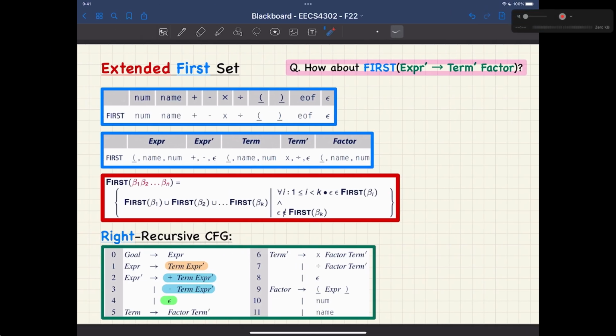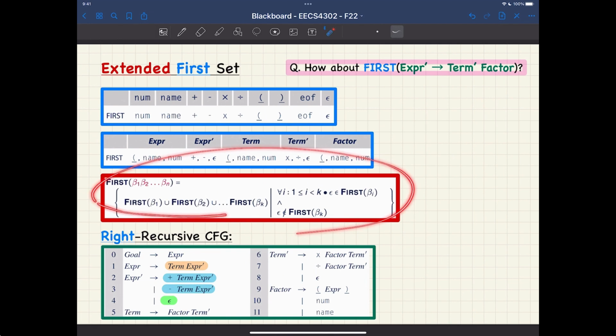Okay. Let me first go over this definition with you very quickly about the first. Let's remind ourselves what first is really about. Whenever you're given a beta, it can be a variable, or it can be a terminal, either way. And when you say you want to calculate the first set of this or this, what do you really mean?